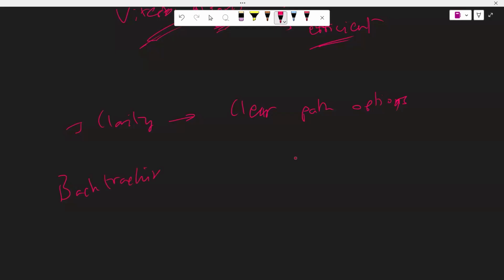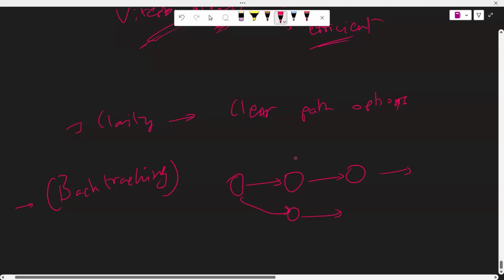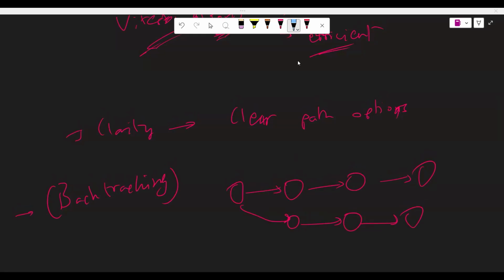Backtracking is again a very powerful concept coming from software engineering, which says that once you have reached the final state, to figure out what were the words stored at each place, you will have to backtrack.